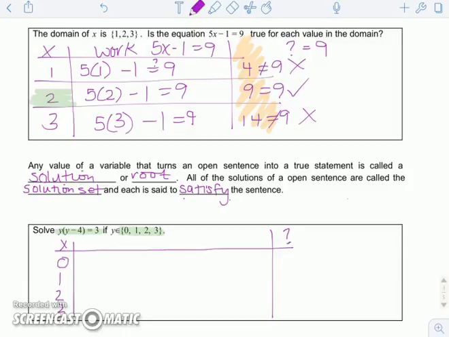I'm asking myself, is it true? y times y minus 4 is equal to 3. I'll do the first one. 0 times 0 minus 4, is this equal to 3? 0 minus 4, negative 4 times 0 is 0. Not equal to 3, not part of my solution. So you would need to do 0, 1, 2, and 3.